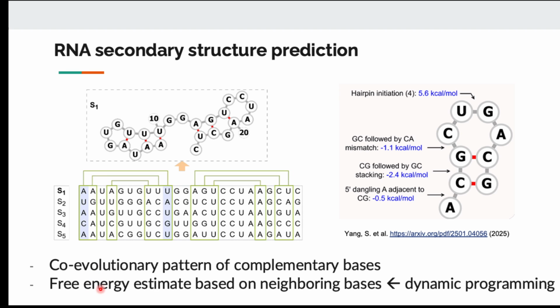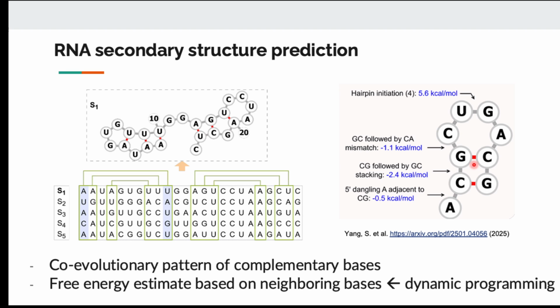The second idea is to try to minimize the energy of the RNA structure. Similar to protein, we assume that the stable form of the RNA or the protein is the one with the lowest energy. But compared to protein, where we know the forces that control the folding of the protein, we don't really know the mechanism that guides the folding of the RNA.